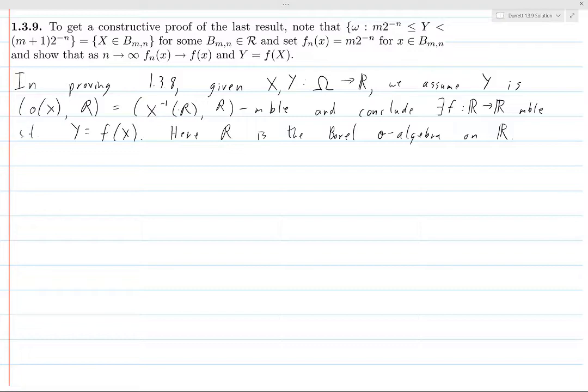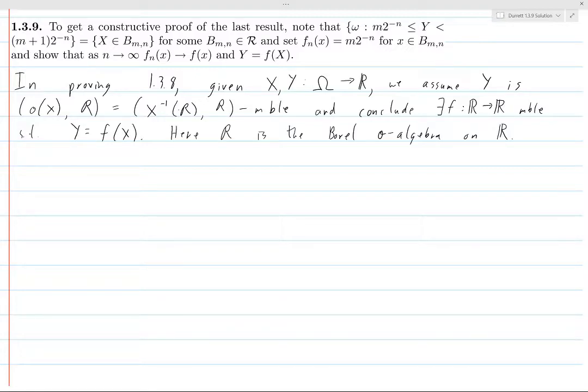And so we do this in 1.3.8 using 1.3.7, which tells us that the collection of measurable functions contains the collection of simple functions and is closed under pointwise limits.